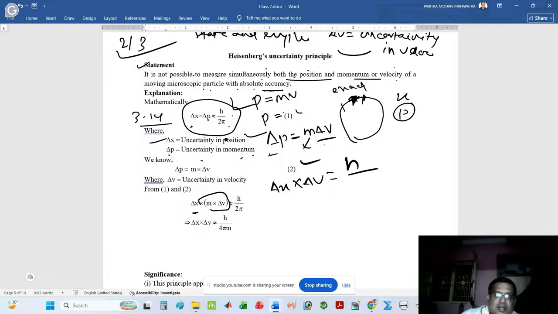Here we can say that the uncertainty, del x into del v, is equal to h by 2 pi m. This is not 4, this is your 2 pi m because the m value will come here.